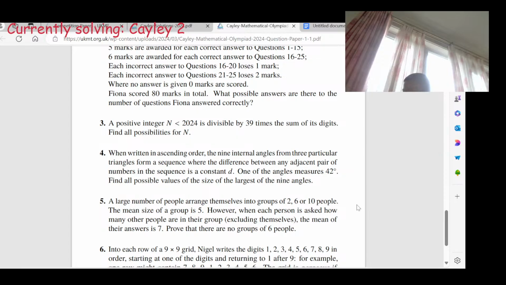Equals 2. So, if the smallest angle is A, and then each one goes up by D, then we add them all together. 9A plus 36D is 540. A plus 4D is 60.